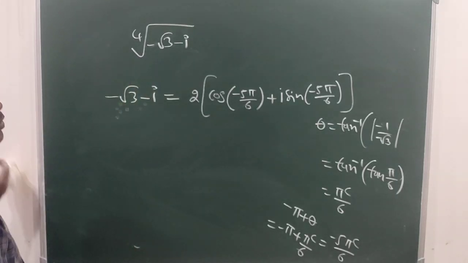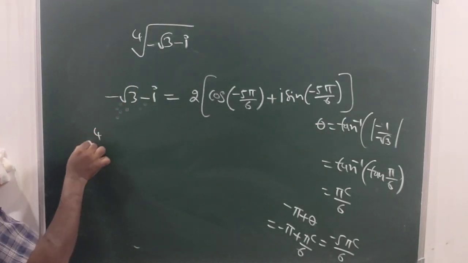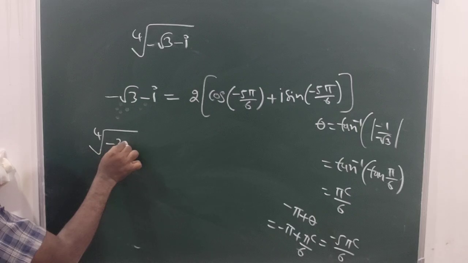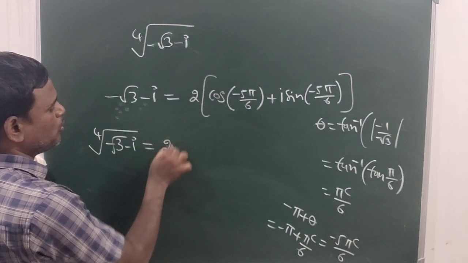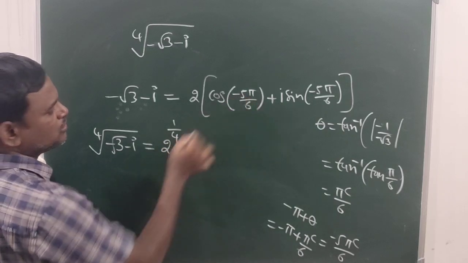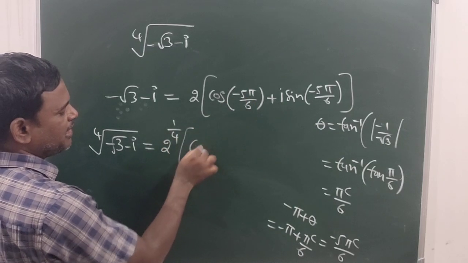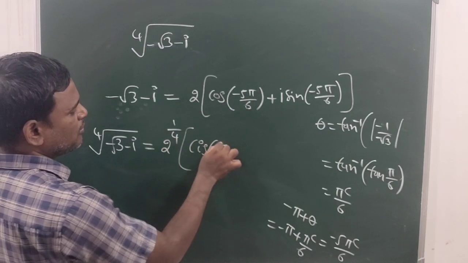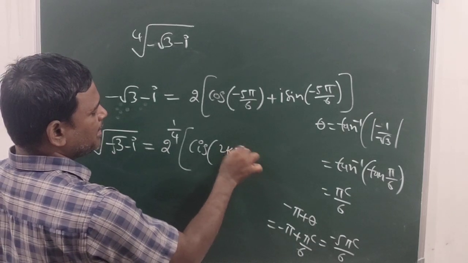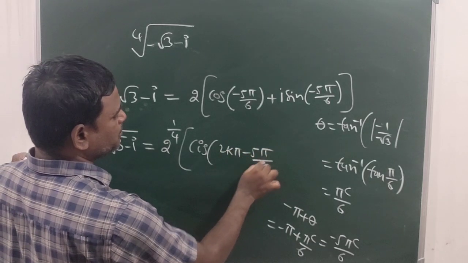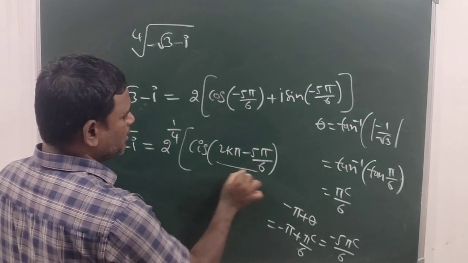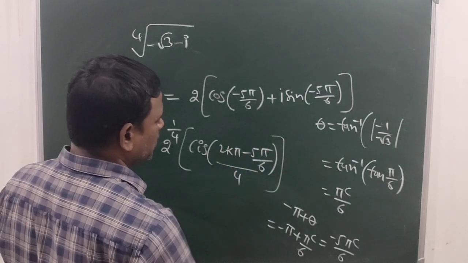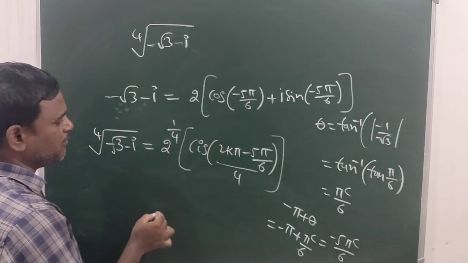Now apply the fourth root on both sides. Fourth root of minus root 3 minus i is equal to 2 power 1 by 4. Inside I am writing the direct step, cis of 2k pi minus 5 pi radians by 6 whole power 1 by 4. That 4 will come down by the De Moivre theorem. Now let us simplify this.